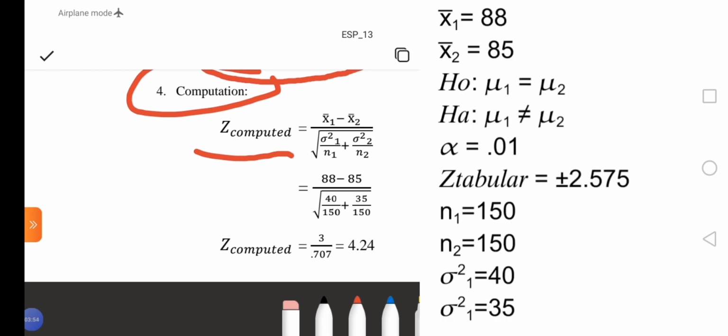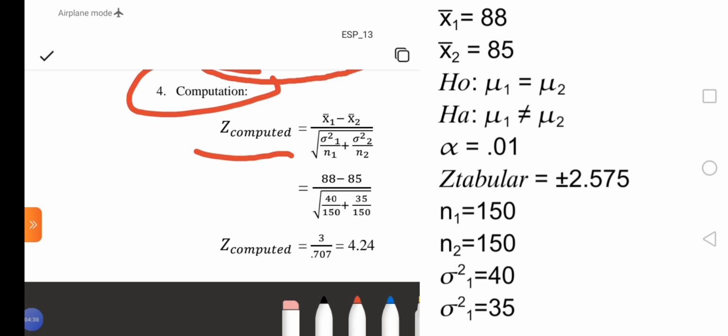We have 88 for our sample mean sub 1 minus 85 for our sample mean sub 2 all over the square root of 40 over 150, since it is the variance for sample 1, plus 35 over 150 for sample 2. So, let's perform the indicated operations.